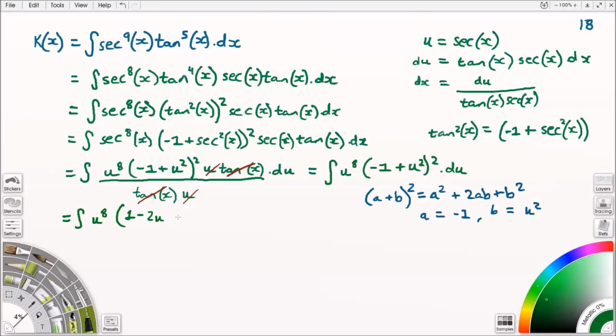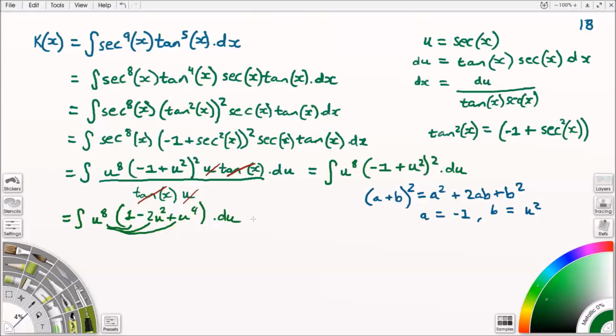I assume, no, it isn't. It's just ab, which is u squared, and positive. Now it's b squared, which is u squared. Using that exponent rule, we'll get u to the power of 4, du. And now we can just do that here, expand out like so.